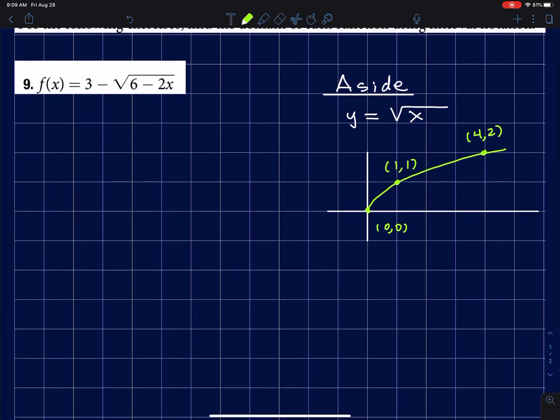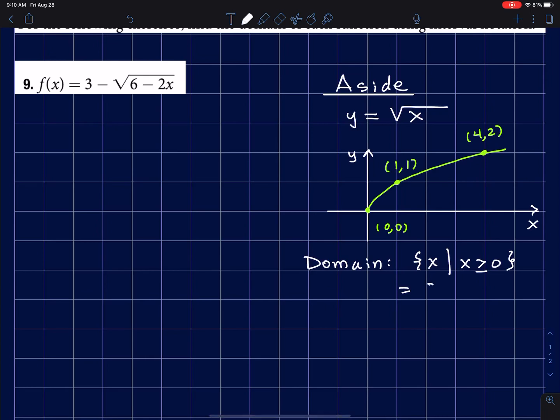One of the reasons I wanted to sketch that is so that we can visualize that the domain is all x greater than, sorry, that's not even right, greater or equal to 0, because you can have the square root of 0, which is 0.